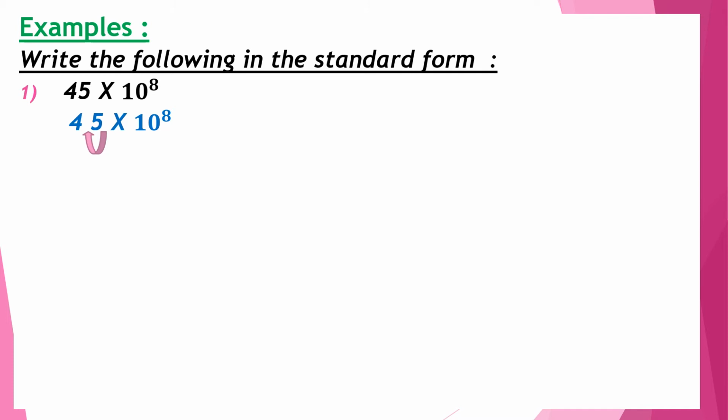So we must multiply by another 10. So it will be 4.5 times 10 power 8 times another 10, which is equal to 4.5 times 10 power 9.